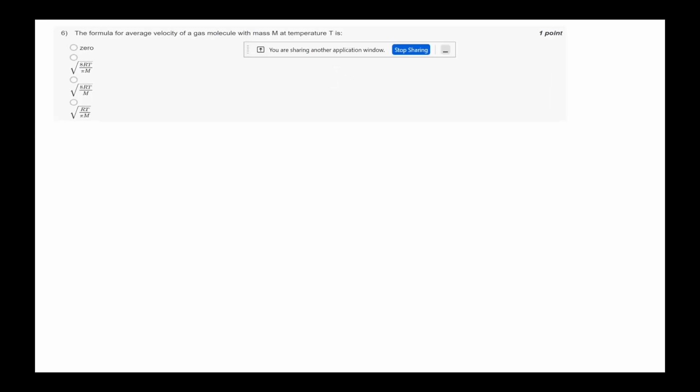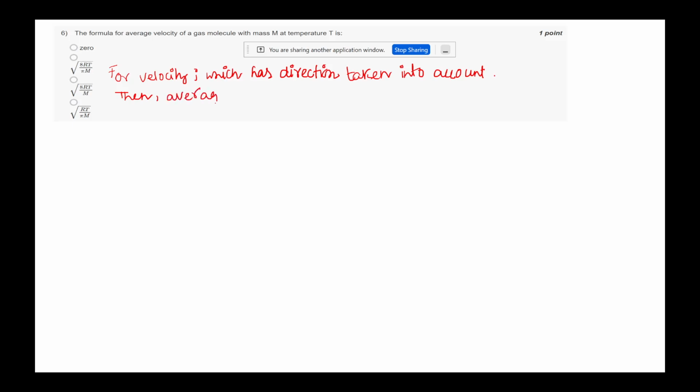So let's just comment here: for velocity, which has direction taken into account, the average velocity is zero.